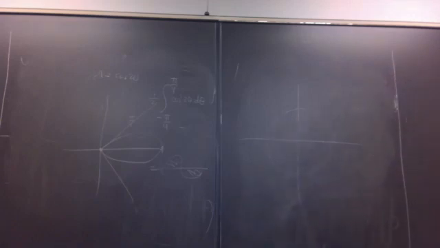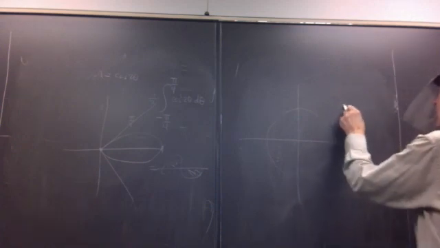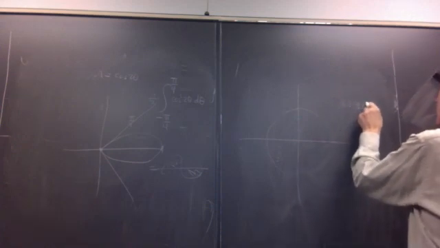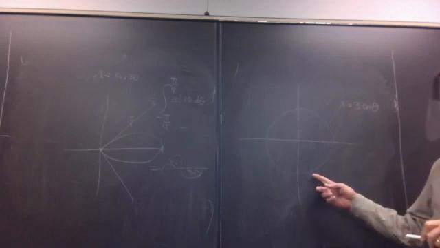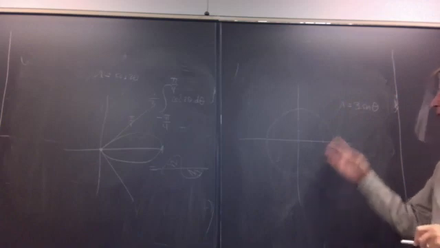The degree of that has to do with how much time you want to spend drawing it, except he says the circle is r equals 3 sine theta. So unfortunately, what I have to do is figure out how to graph this. And that's not going to be this one. In other words, we've got to construct it.